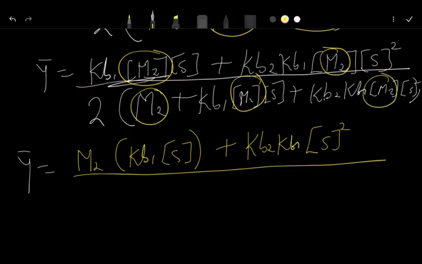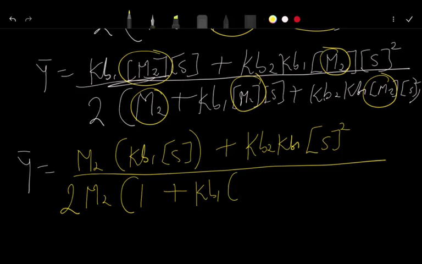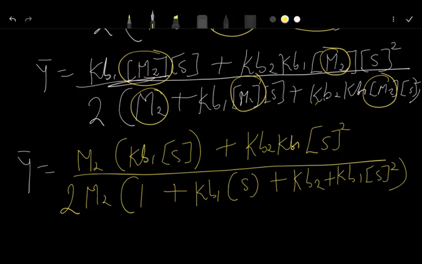I can take one of the m2, so here we'll be left with 1, right? If you cancel that m2, the remaining is 1 plus KB1 in bracket s, plus KB2 KB1 in bracket s squared.